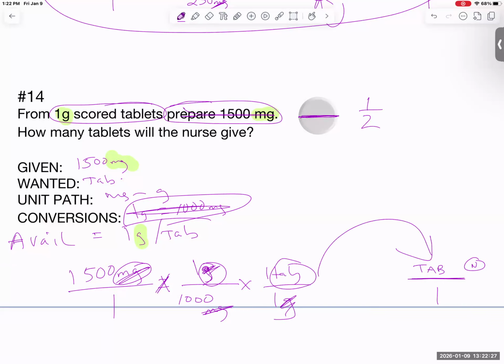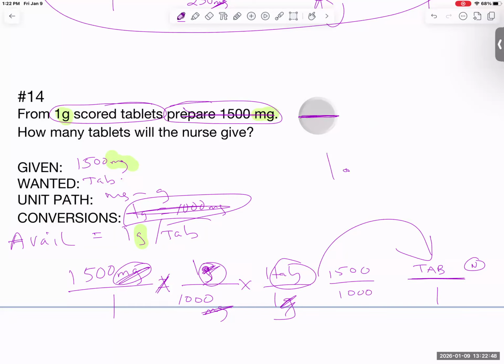And now it's just math. So 1,500 times 1 is 1,500, and 1,000 times 1 is 1,000. So when I divide 1,500 by 1,000, what's my answer? 1.5 tablets.